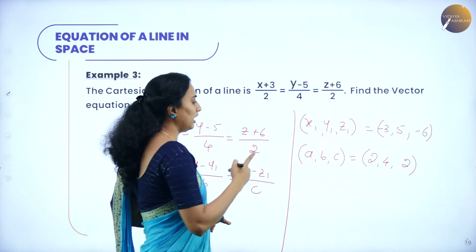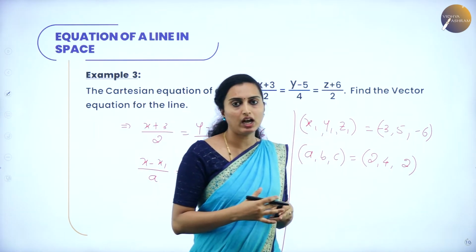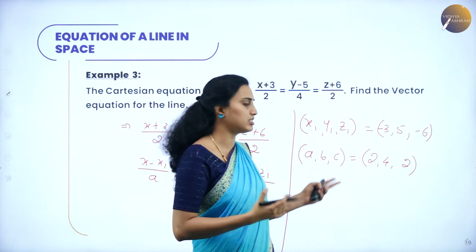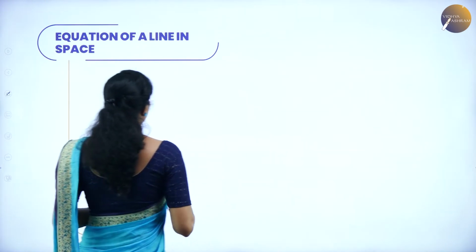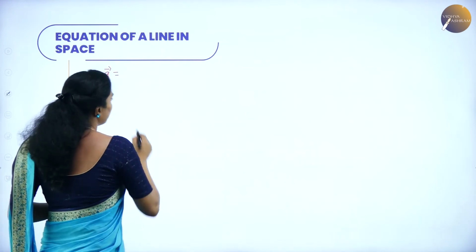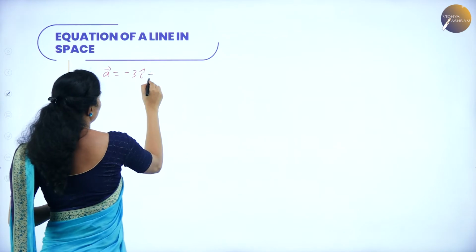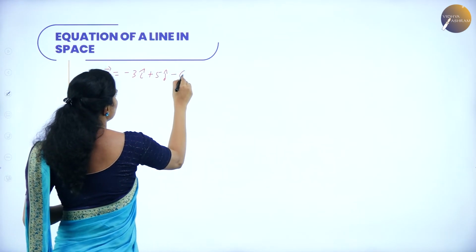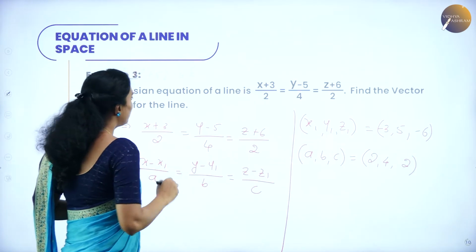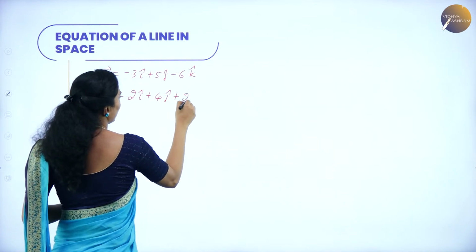Let me consider abc as the b vector and x1, y1, z1 as the a vector, as we know, passing through the 2 points. This is the first point, this is the second point. Therefore, a vector will be equals to minus 3i plus 5j minus 6k. Similarly, b vector will be equals to 2i plus 4j plus 2k.